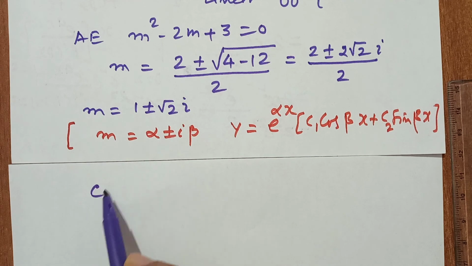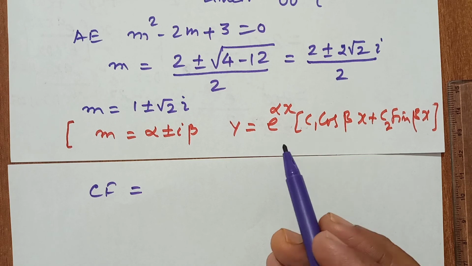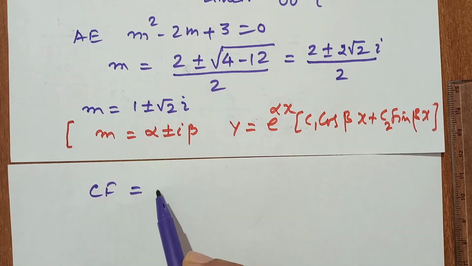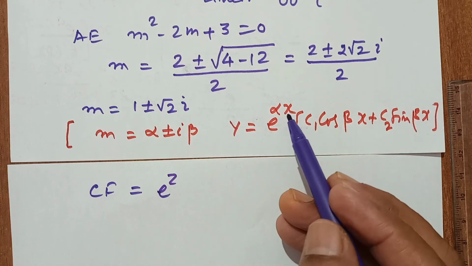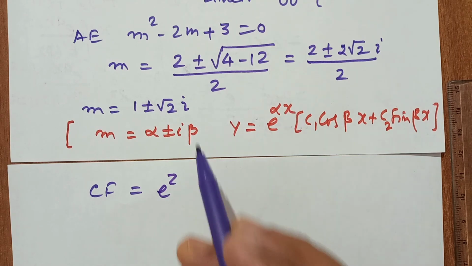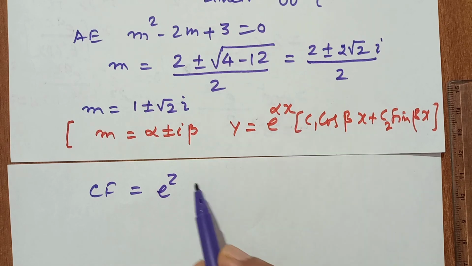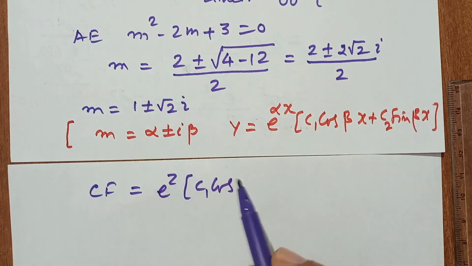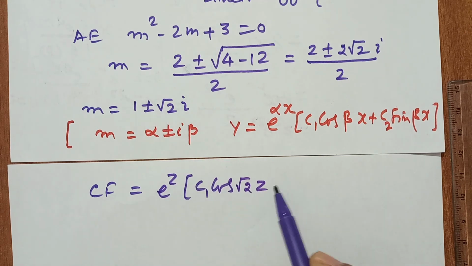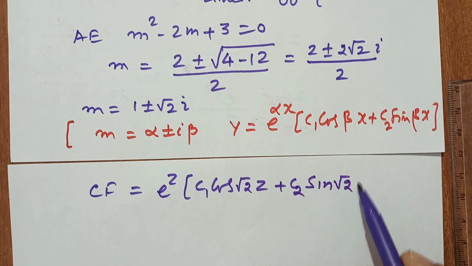Here CF is e^(αz). What is alpha? Alpha is 1, so e^(1z). Also here in place of x is z. c1 cos βz, what is beta? So √2 z, plus c2 sin √2 z.